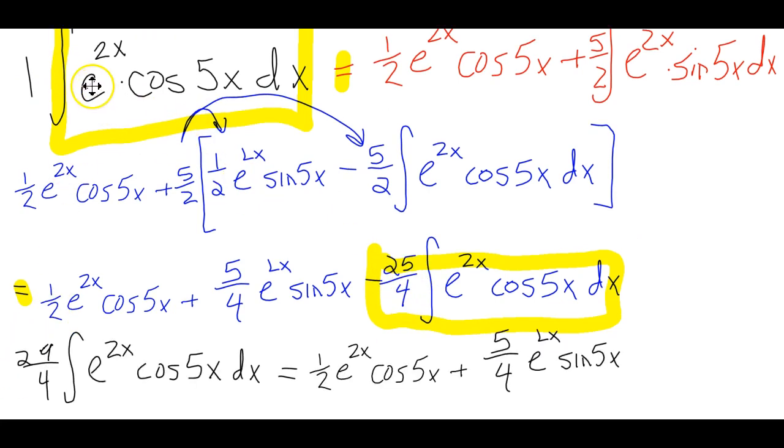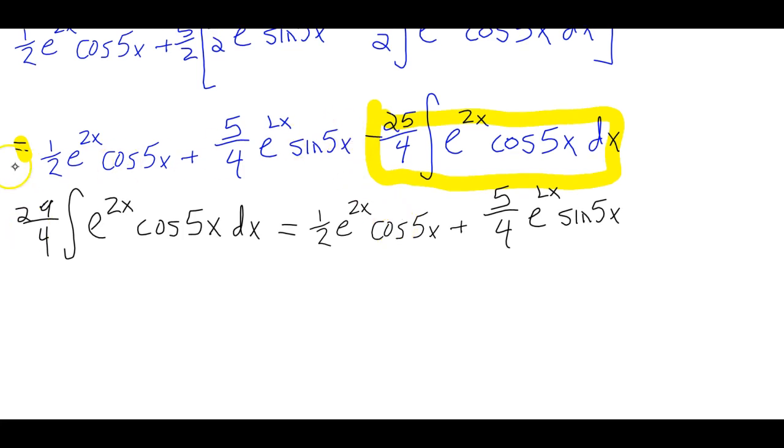Alright, so I added this 1 integral of e to the 2x cosine 5x to this 25/4 e to the 2x cosine 5x. I'm adding when I move it over here to join this. So that'll make a 29/4 integral of e to the 2x cosine 5x. And it equals this line right here with this gone. So it equals these two pieces: the 1/2 e to the 2x cosine 5x plus 5/4 e to the 2x sine 5x.